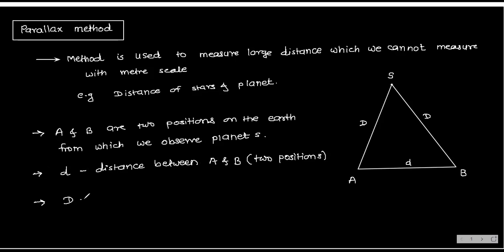Capital D is what? Distance between the planet and Earth. And this angle now, this angle is theta, and this theta is called the parallactic angle. Theta is what?